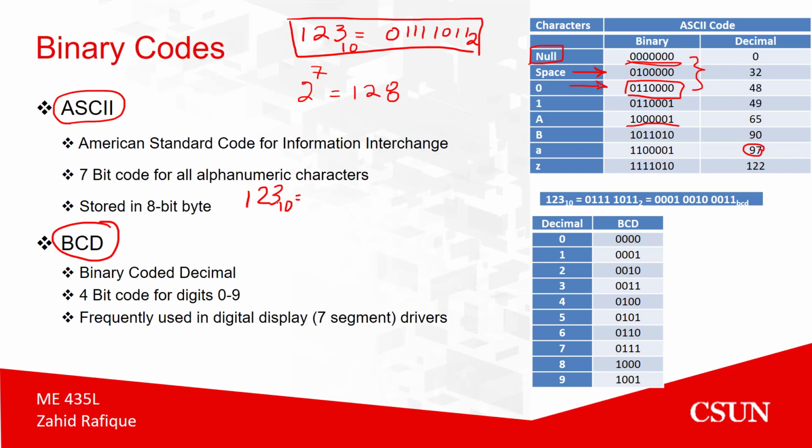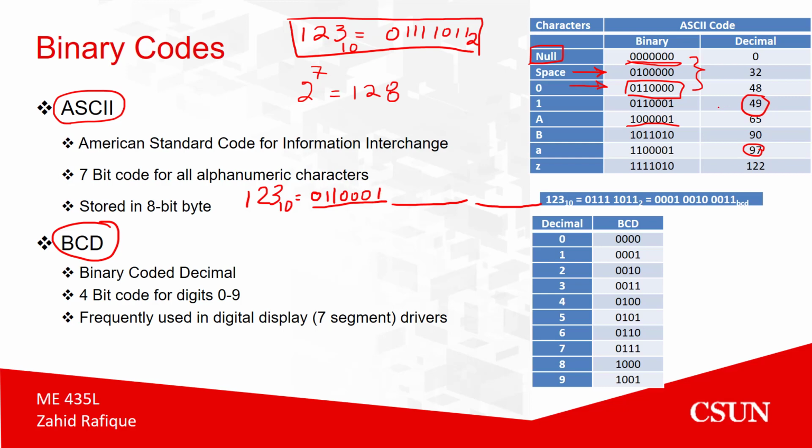Since each one of these digits is represented by a 7-bit code, we need 21 bits to represent 123 in ASCII. From the table, we know that ASCII code for 1 is decimal 49 or 0110001. So I'm going to go ahead and write that code over here, 0110001.